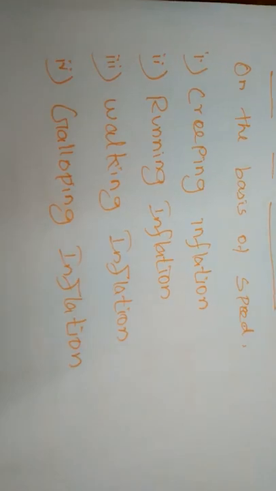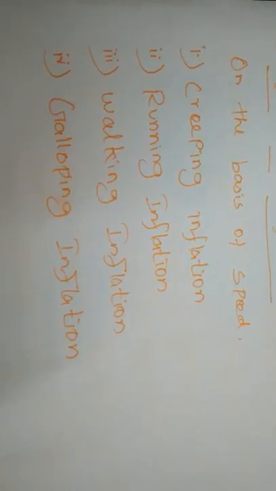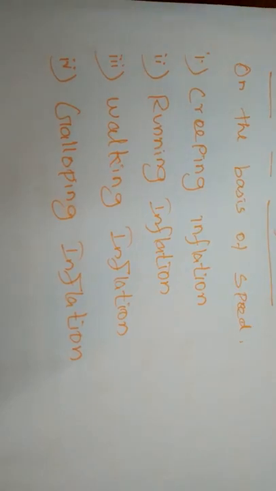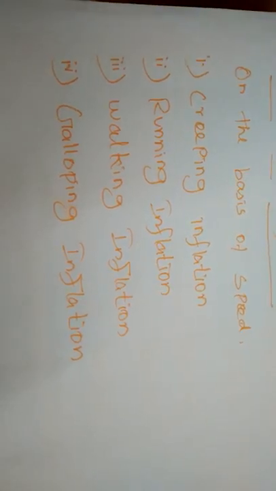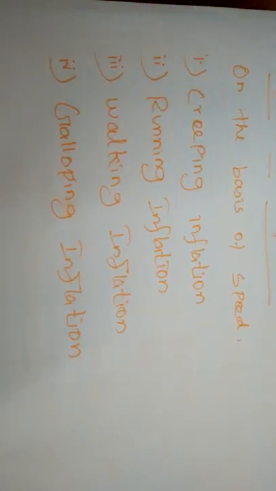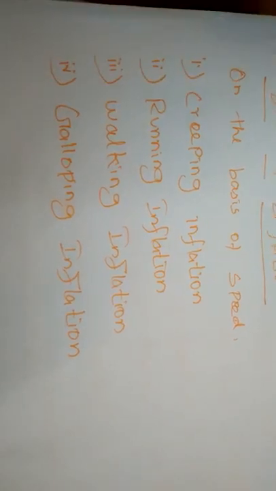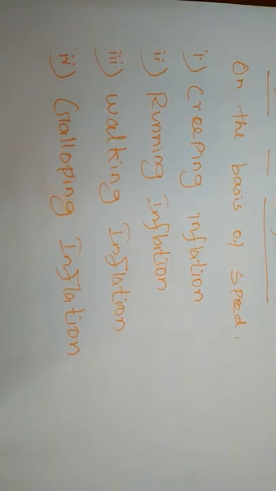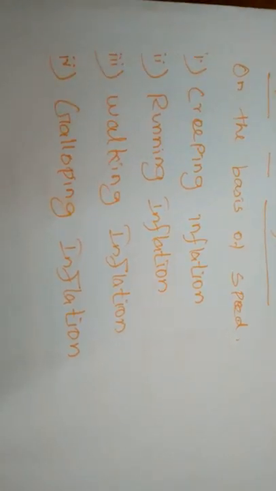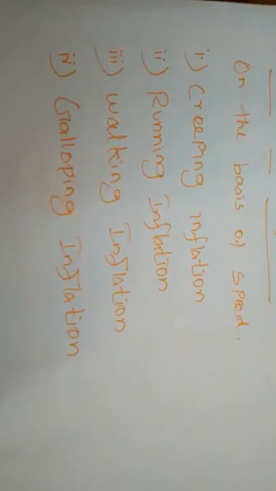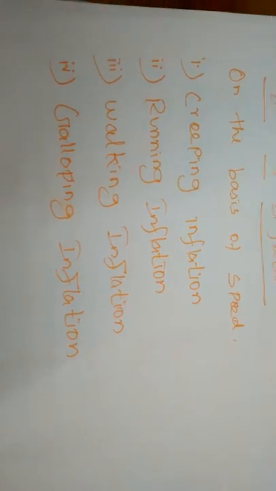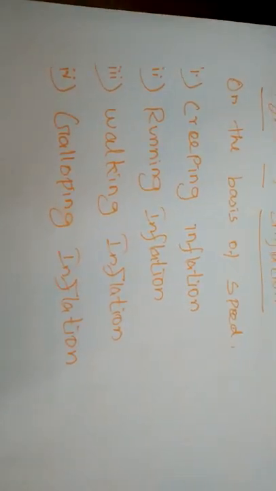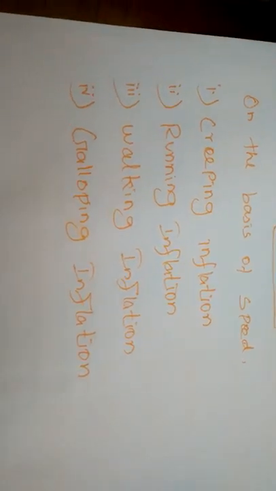For example, 1 pen is 3 rupees, and next month the price of the pen increases in the same digit, so 3.5 or 3.7 and 4 rupees or 5 rupees. So it is called walking inflation, because the price of the commodities increases at the same steady rate.